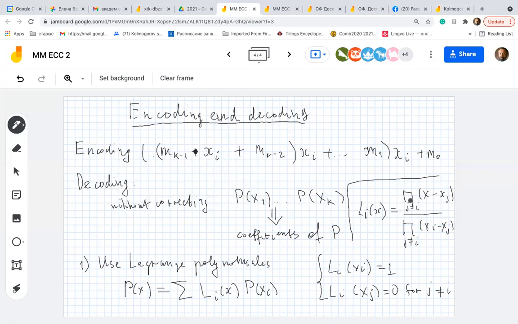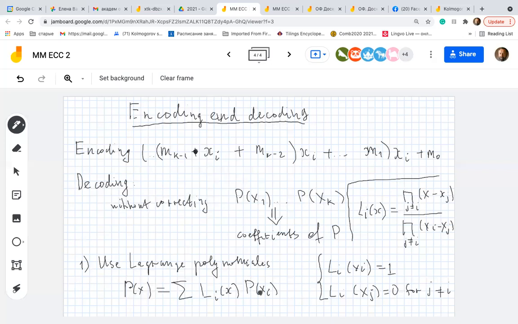We see that Li has degree k minus 1 because here is the product of k minus 1 linear expressions, linear in x. And so this sum meets all the requirements. It is a polynomial of degree k minus 1.